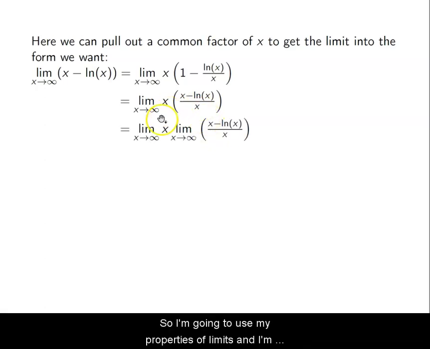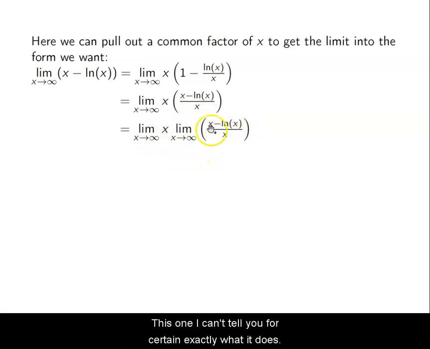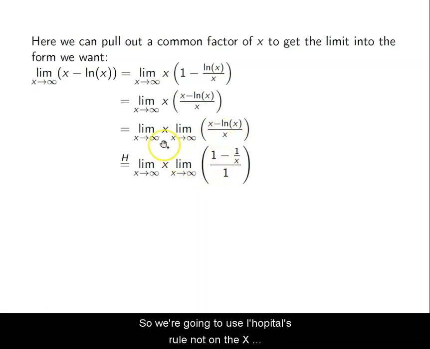So I'm going to use my properties of limits, and I'm going to separate these into two different things. I'm taking the limit of x and the limit of (x minus natural log of x) over x. So I know from my properties of limits I can distribute this limit. This one goes to infinity. This one I can't tell you for certain exactly what it does, right? So we're going to use L'Hopital's rule, not on the x, but on this one.